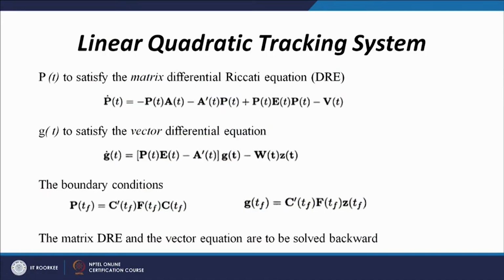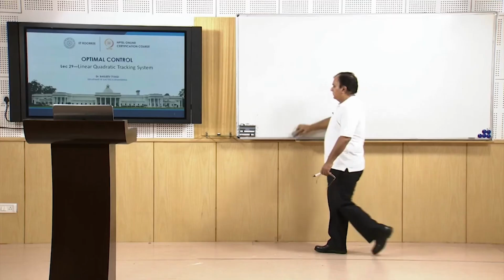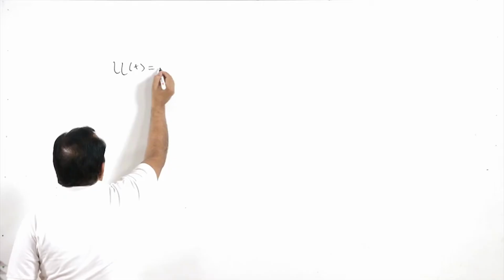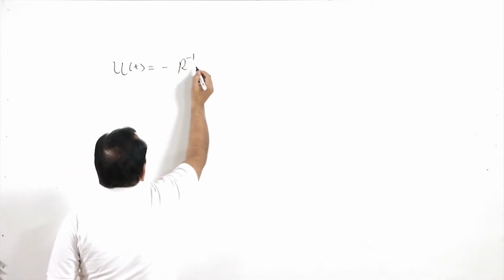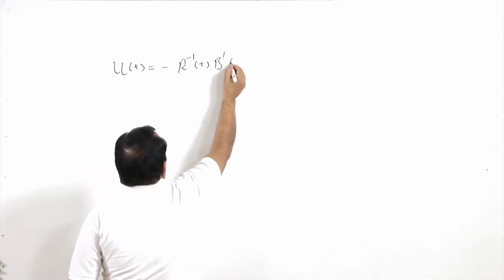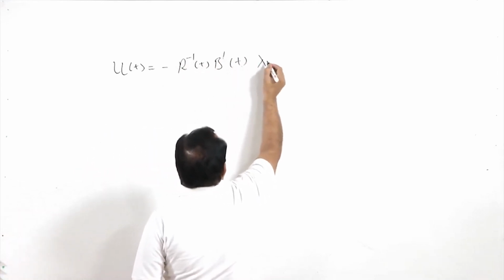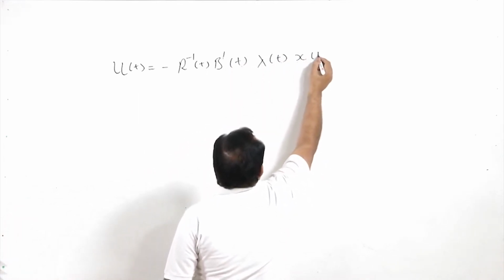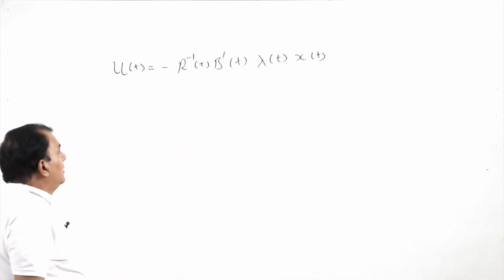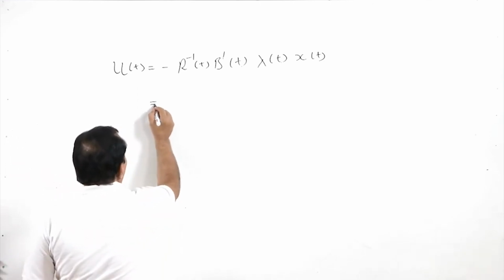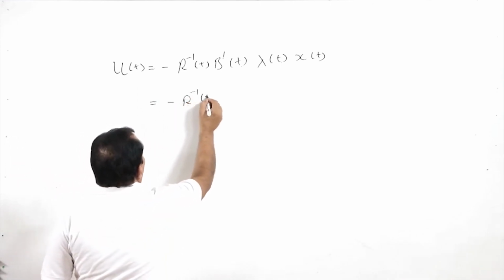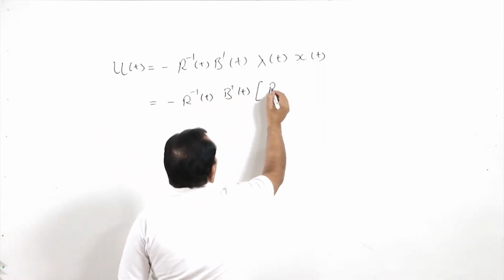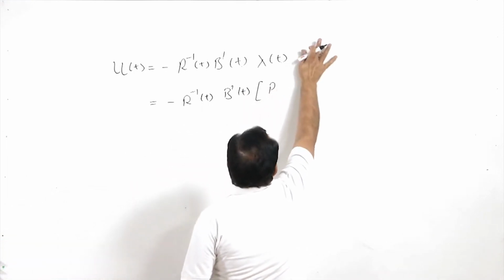Now, see what was my u. We have taken u(t) as minus R inverse B prime lambda(t). Sorry, we do not have x(t) in this.